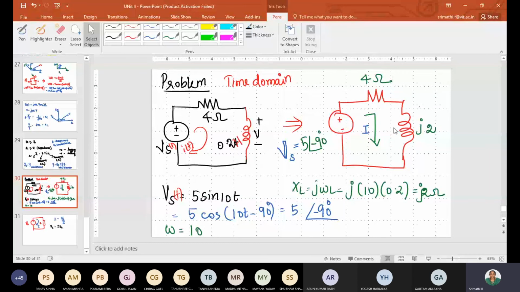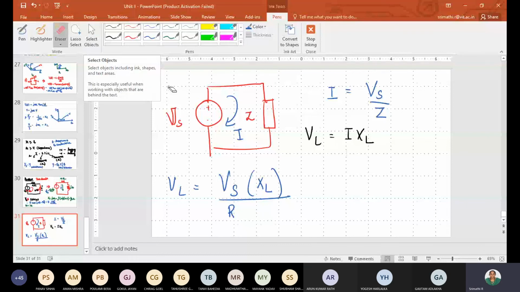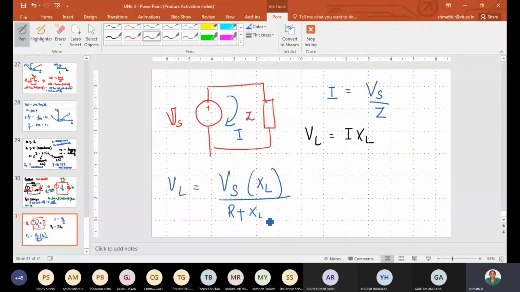So to find VL, the total voltage is Vs, across the element XL, divided by the sum, R plus j omega L, or R plus XL. In this way, you can find this.